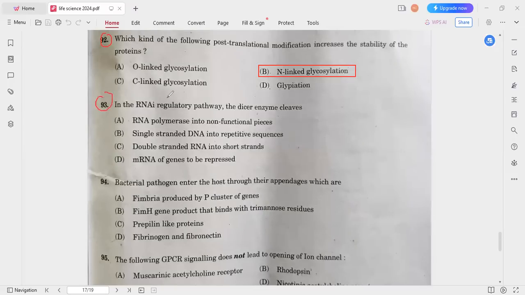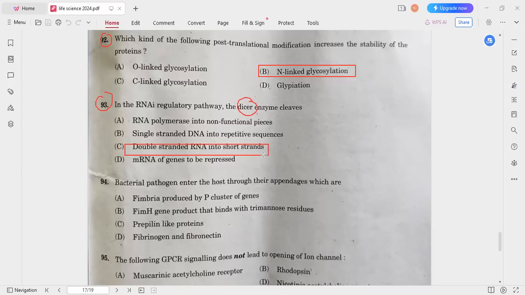In the RNAi regulatory pathway, the Dicer enzyme cleaves. RNAi means RNA interference. Dicer is one of the enzymes in this pathway, and its function is to cleave double stranded RNA into short strands.